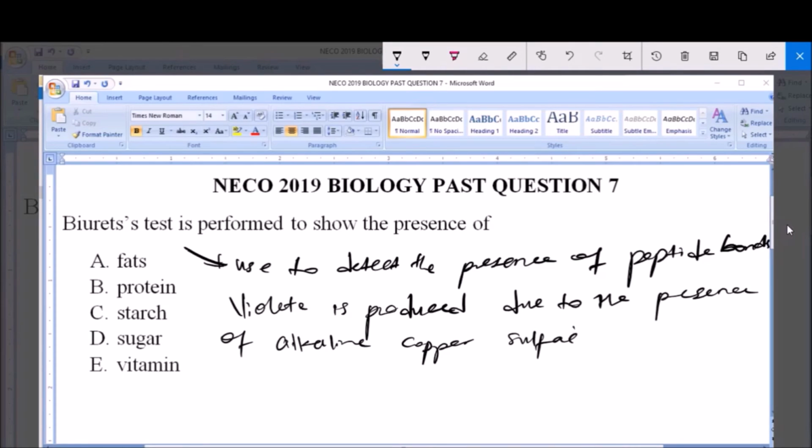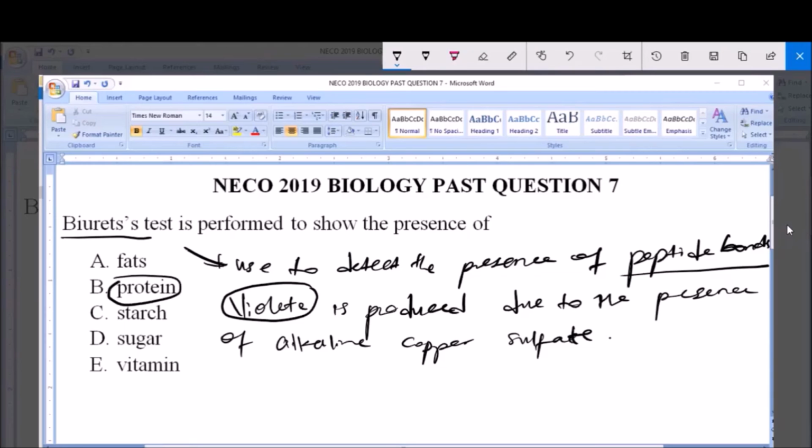This alkaline copper sulfate, which is a component of the Biuret test, when it reacts with the peptide bond, gives out this violet color. And that is why we say the Biuret test is used to show the presence of peptide bonds.